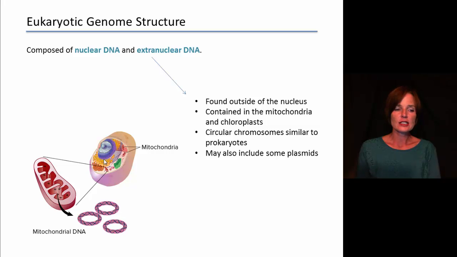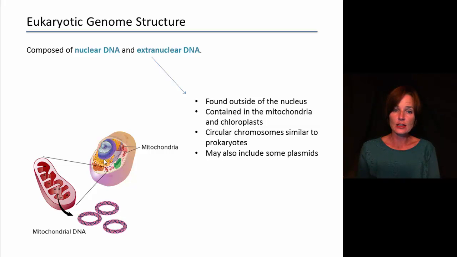The reason for that is that it is believed that the mitochondria and the chloroplast evolved from prokaryotic ancestors. These were thought to be, at one point, independent prokaryotic cells that were eaten or swallowed up, engulfed during the endosymbiotic theory process. And so we're really just seeing the remnants of what used to be an independent prokaryotic cell.